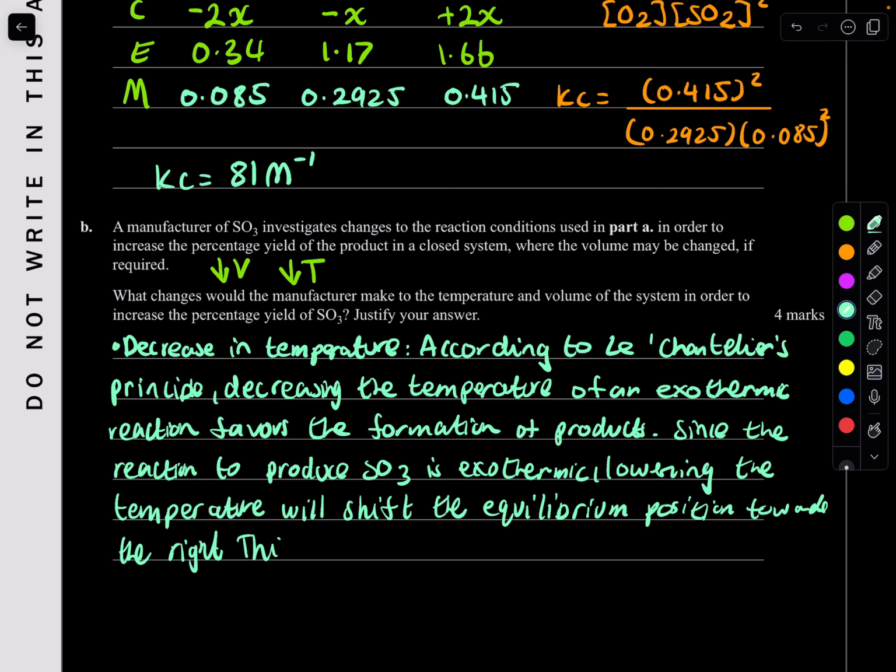This adjustment will increase the SO3 yield. And that's beautifully explaining the decrease in temperature.